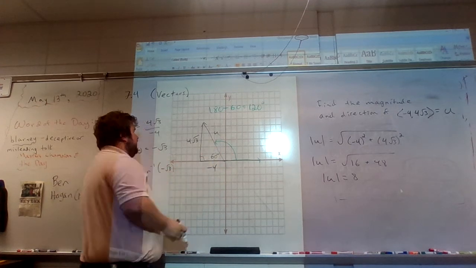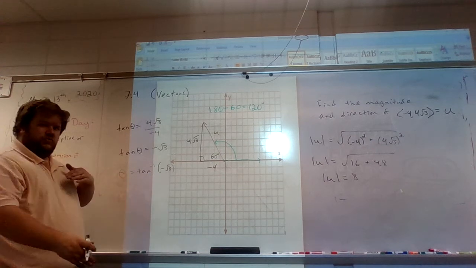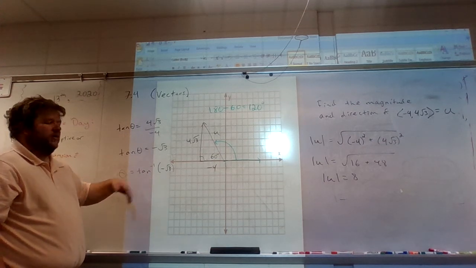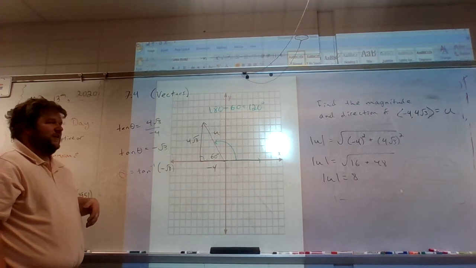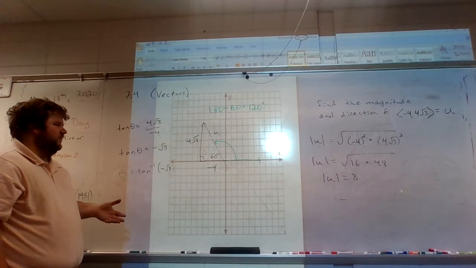Since we're after the direction angle, we really just want to think about this angle being 60 and then finding what this angle is. The reason I'm getting negative 60 is because of the restrictions on the range for my tangent inverse. The output was always going to be between negative 90 degrees and 90 degrees.